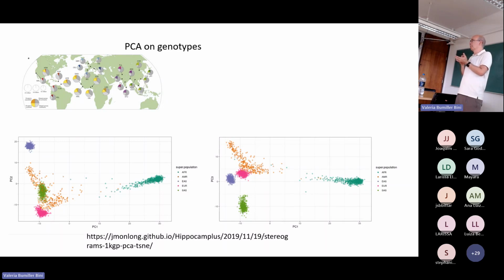Who goes with whom? The Africans here appear different, appear at the extreme, because they have the larger number of SNPs with private or semi-private alleles.